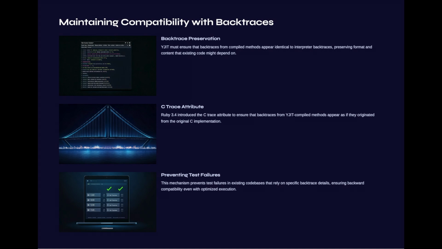It checks if this location corresponds to a point where a method was inlined and a frame was skipped. So it knows, we're crashing inside an inlined method. Right. And if it determines that's the case, it doesn't just raise the exception immediately. It first lazily pushes the missing method frame onto the stack right then and there, just before the exception propagates. Well, it reconstructs the missing frame just in time. How? It uses information YJIT stored earlier when it did the inlining, information associated with that specific program counter location.